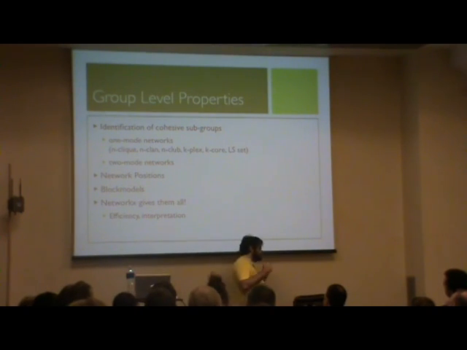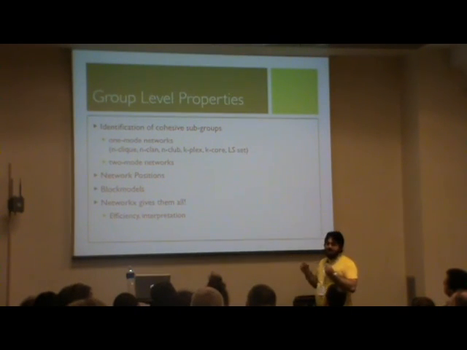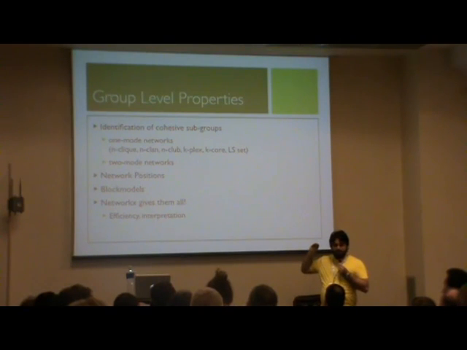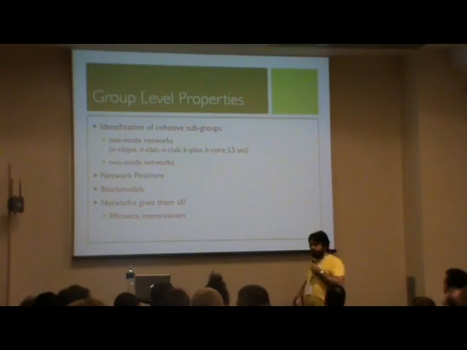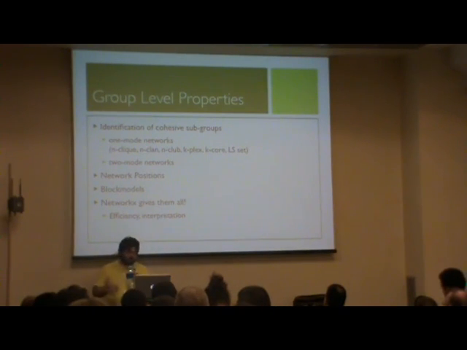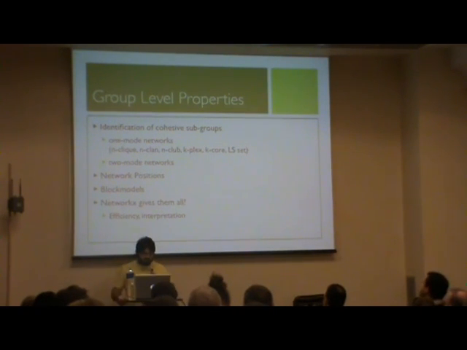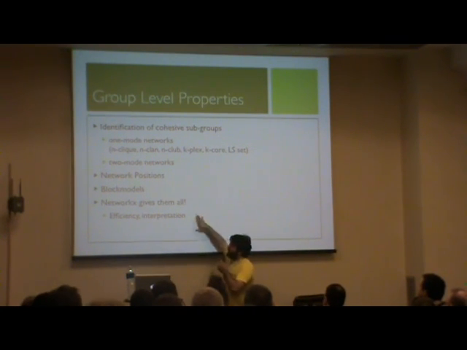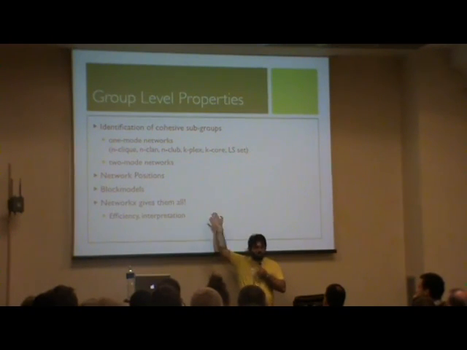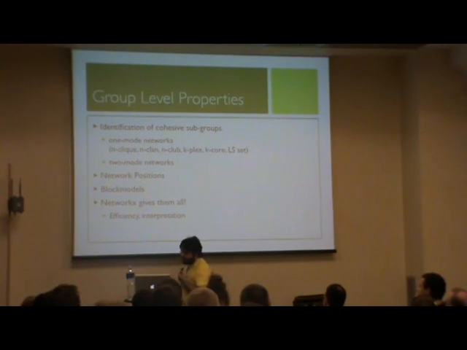Something they also did was try to define similarity as the role in the network, and this is a different branch of group level properties. If you're interested in that, NetworkX has a bunch of algorithms to do that, and the docs are pretty clear, so you can do it.